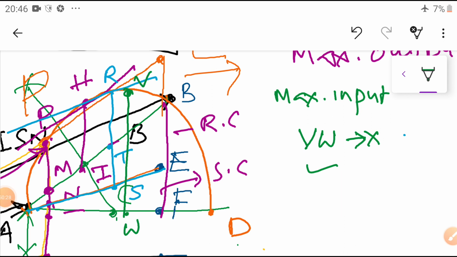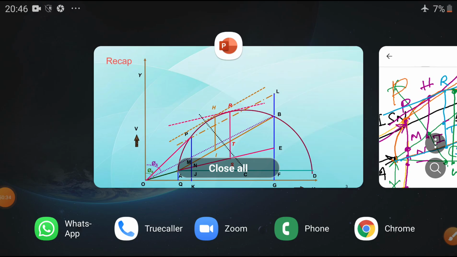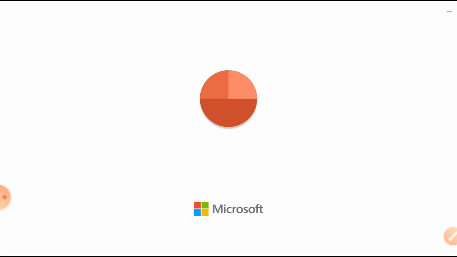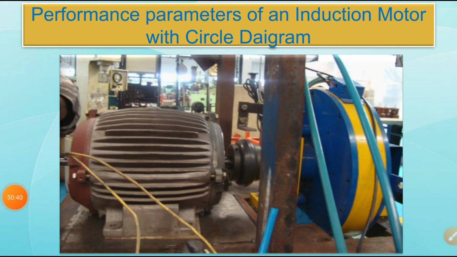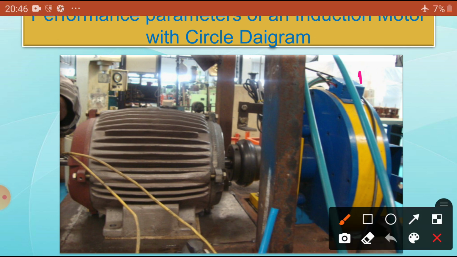So, we will go to PowerPoint. Same thing we can conclude here. So, what is the conclusion here? Now we will conduct the no load test and blocked rotor test on this induction motor.